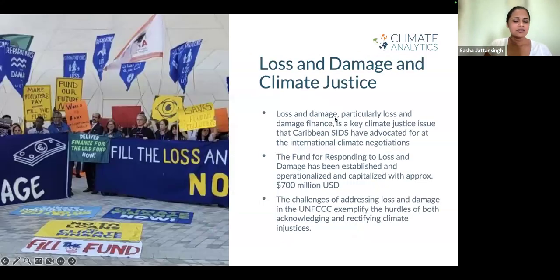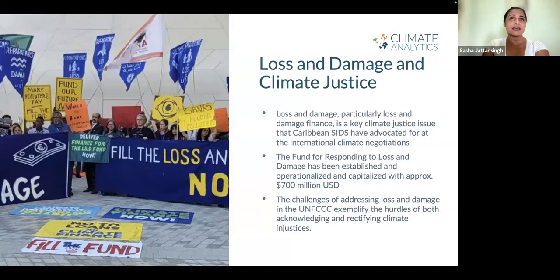And in terms of linking loss and damage and climate justice, when you look at loss and damage and climate justice, you really talk about finance, and that's a real key climate justice issue that SIDS in the Caribbean and elsewhere have advocated for in the international climate change negotiations.